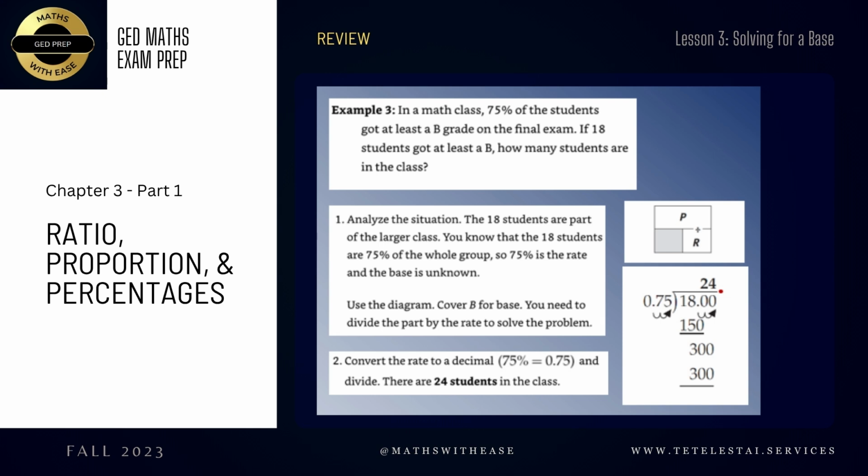And so you simply want to convert 75% to its decimal equivalent, which is 0.75. And then you would divide 0.75 by 18. And so again, you want to move your decimal point 2 places over to the right so that 0.75 now becomes a whole number, 75. And you would do exactly the same thing with 18, move only 2 decimal places to the right.